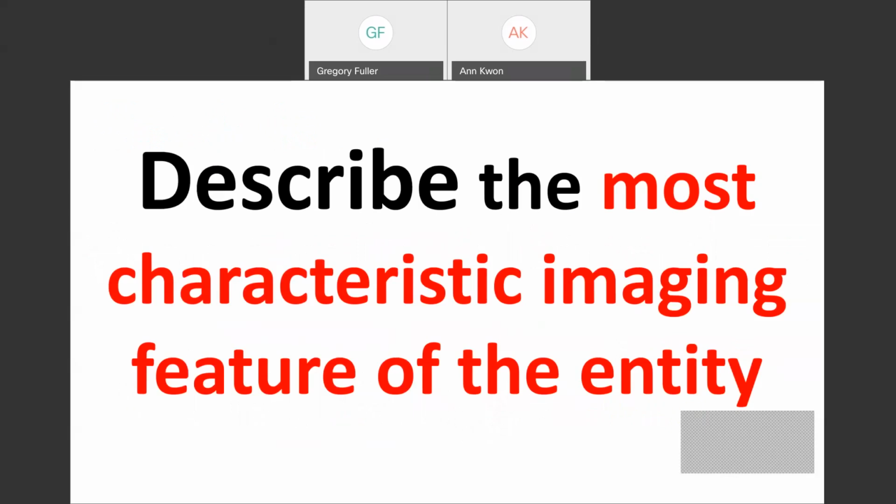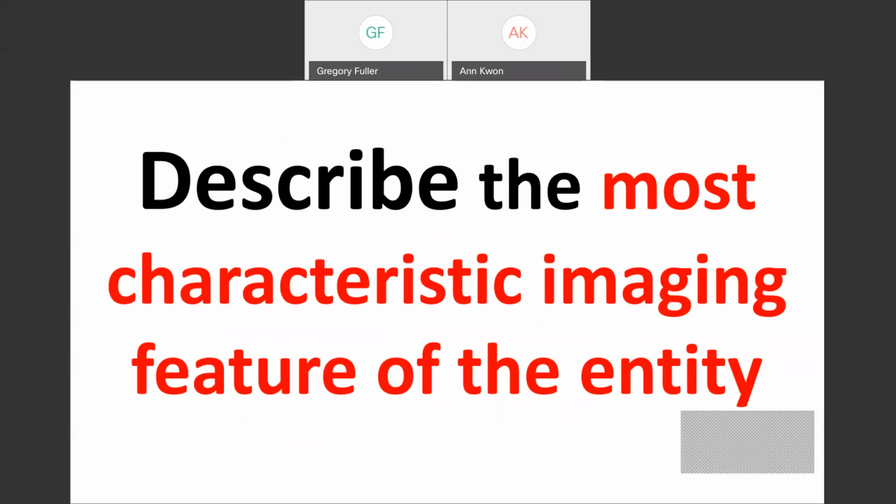Now this is the challenge question. Listen closely. I want to know, in as few words as possible, what is the most characteristic imaging feature of the entity. I'm going to show you a genomic signature, a molecular alteration signature, and from that, you're going to have to figure out what it means. What are the entities?